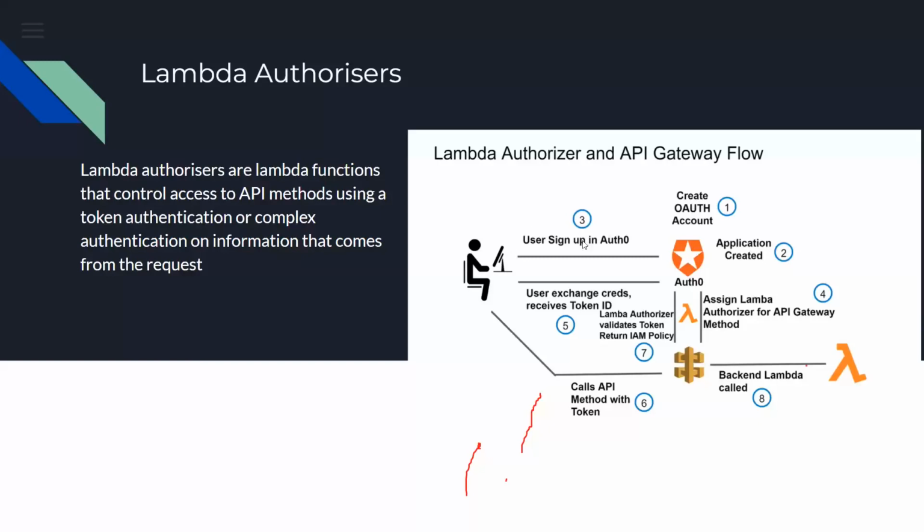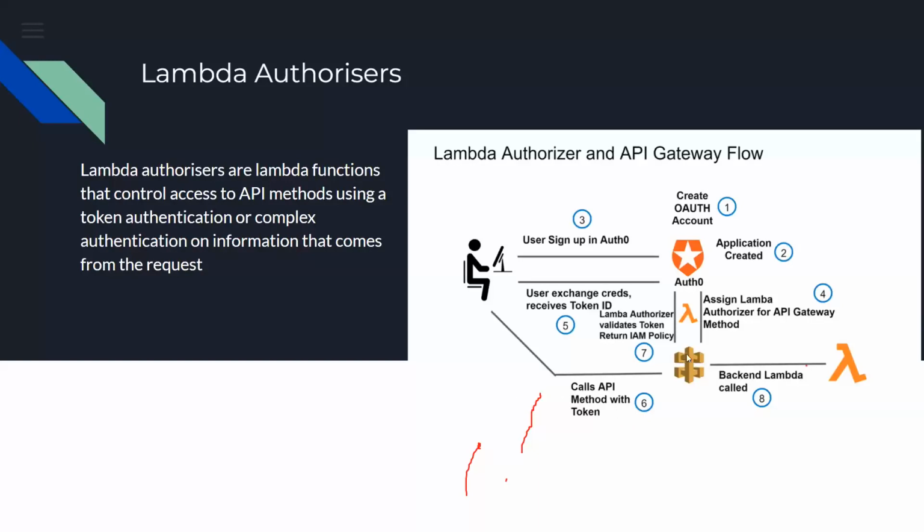After sending in your user ID, after signing in to Auth0, Auth0 will send in your authentication ID and give you a token ID. With your token ID, you call the API method with the token, just like we did in user pools. Let's say you put this bearer token onto the POST request in this case.